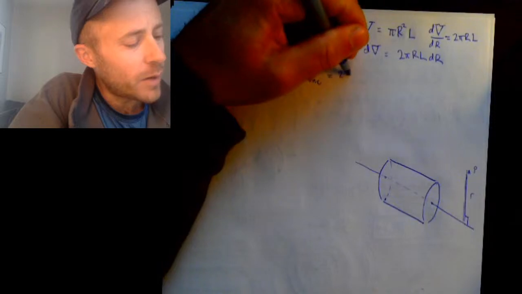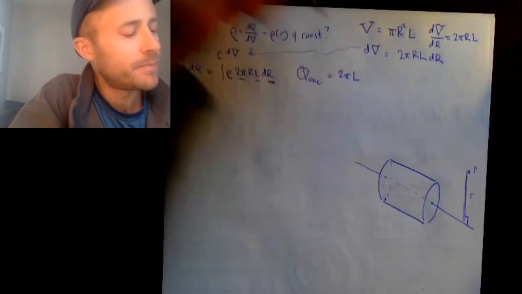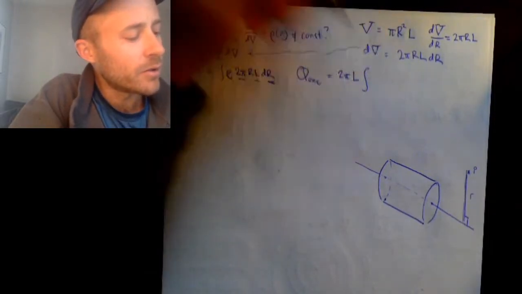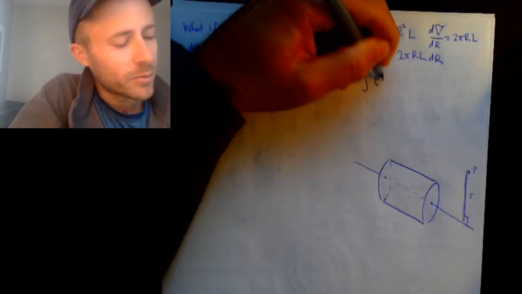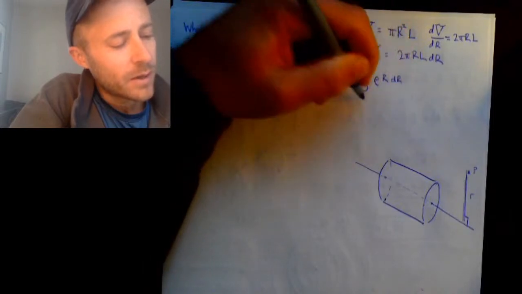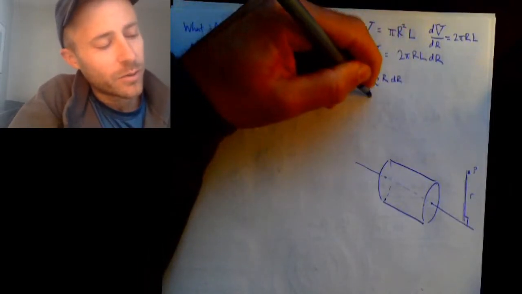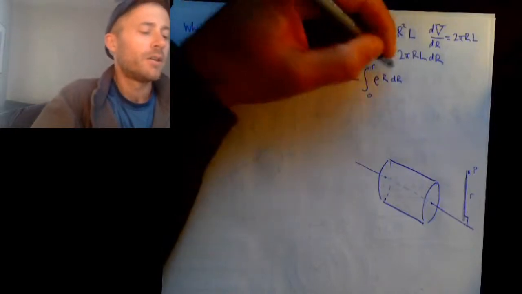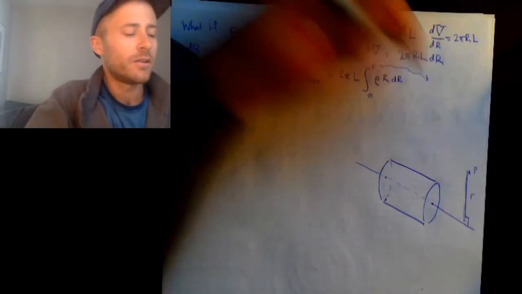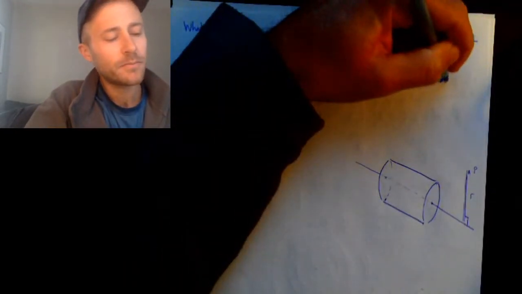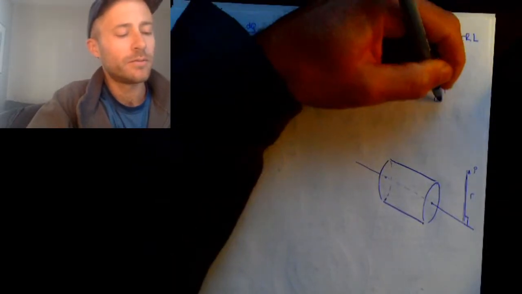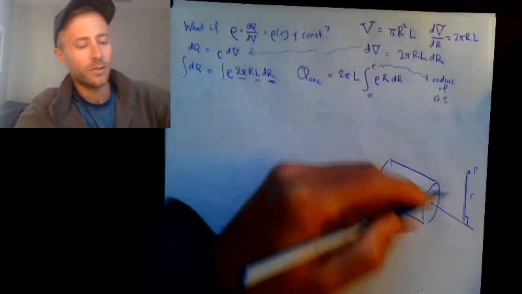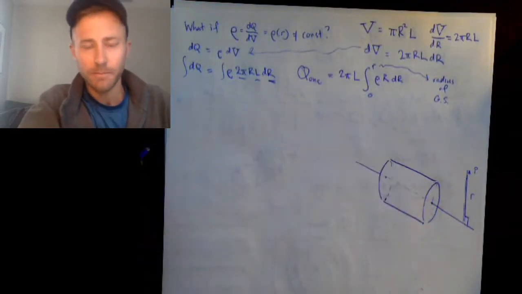So I have 2 pi L times the integral of rho times r dr, from 0 to little r, where little r is the radius of the Gaussian surface. So it's this radius right here.